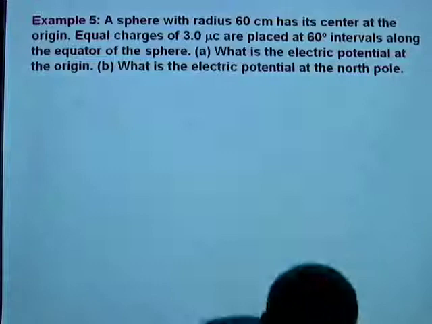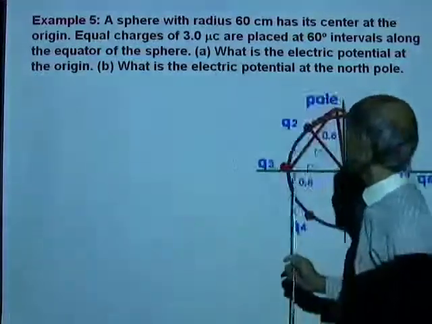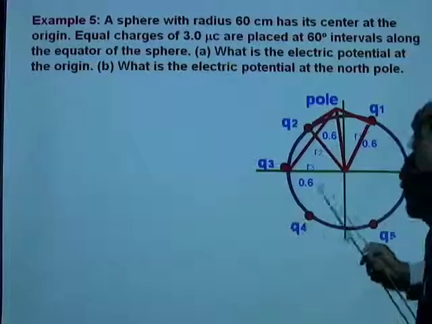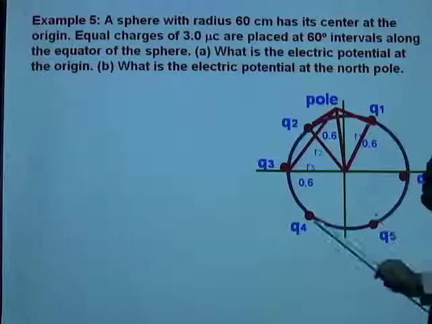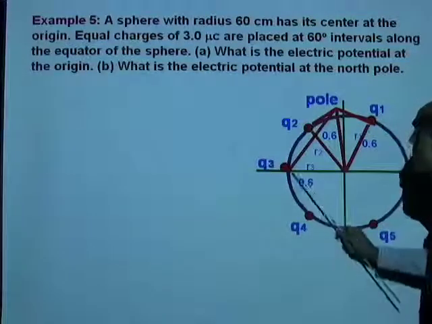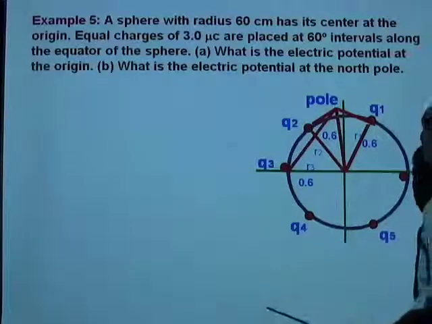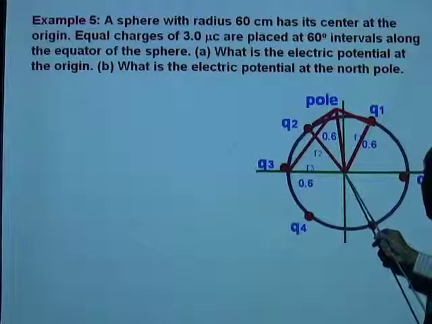Alright, well, once you have pictured, visualized the problem, let's draw a diagram. This is the equator of the sphere, and I have 6 charges, each of them 3 microcoulomb, placed at intervals of 60 degrees along the equator. First, I need to find the electric potential at the center.